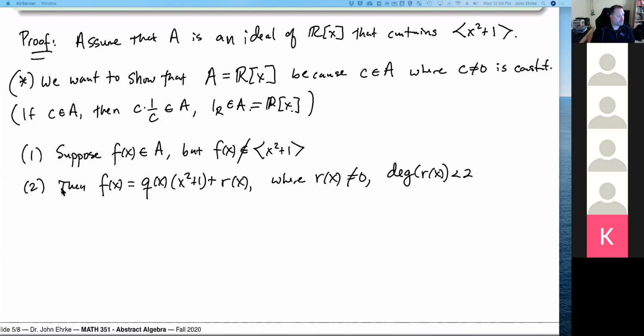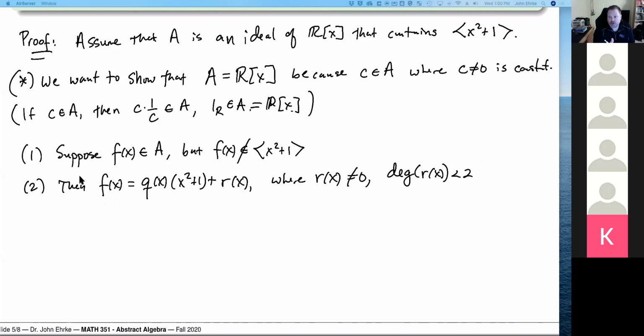So this is the line that's going to need the most explanation, I think. This is reminiscent of something we talked about early in the course. What does this remind you of? Yeah, it reminds you of the division algorithm, right? So this should remind you of the division algorithm.